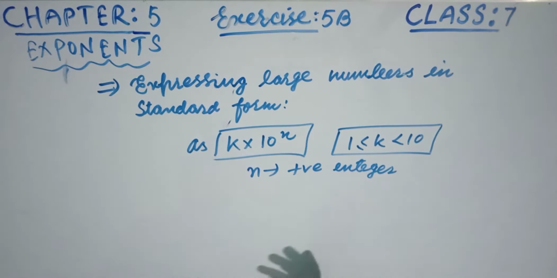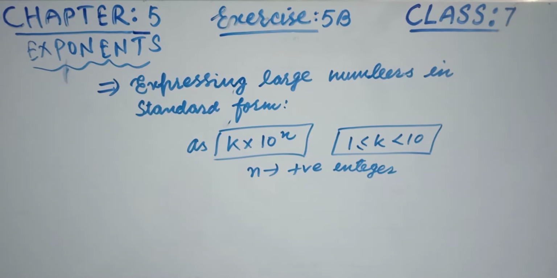Here is the one topic. Before solving the sums, we will understand with the help of examples and their definitions also. See the expression: how to express large numbers in a standard form. Because a large number is very difficult to write, there may be mistakes in writing it. So we make the easiest way to write down the large number, and this is called the standard form.